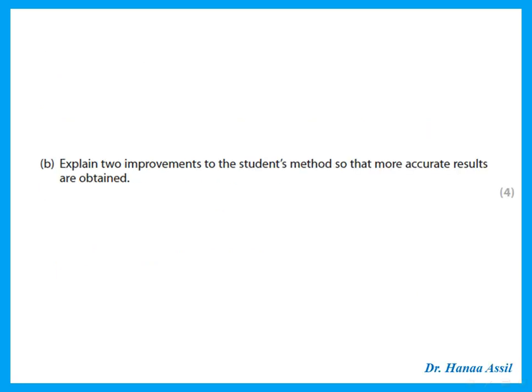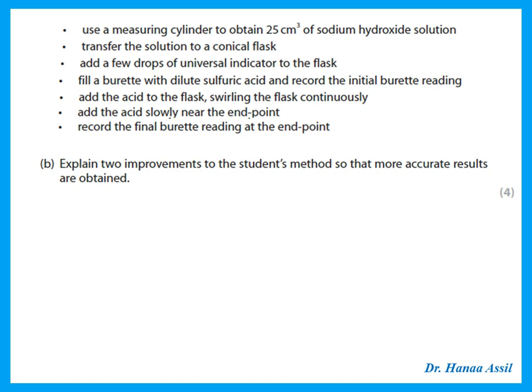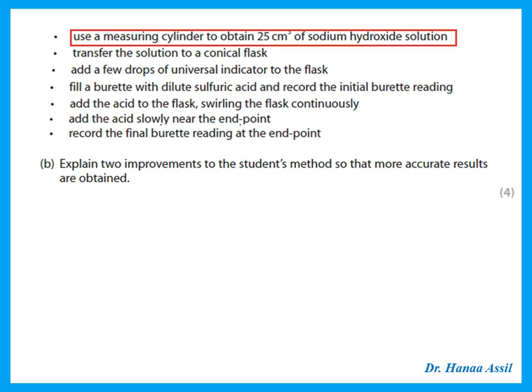Then he says, explain 2 improvements to the student method so that more accurate results are obtained. Let's look at the student method. What is wrong with the student's method that we should improve? Well, let's see. The first thing is he used a measuring cylinder to obtain 25 centimeter cubed of sodium hydroxide.